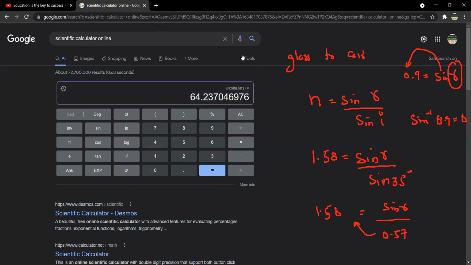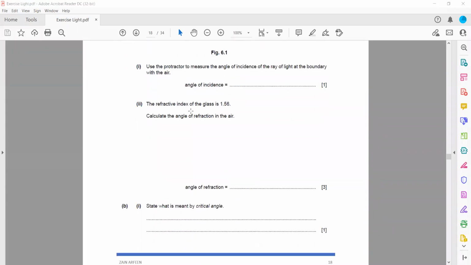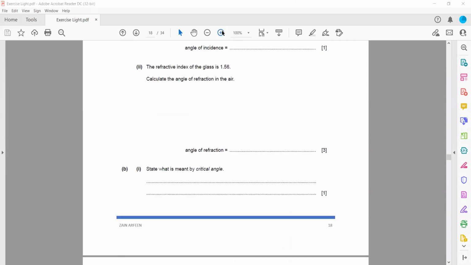So it will give us 64.3 degrees, the angle of refraction. So here, the angle of refraction, when we substitute the values, we get 64.3. Is this question clear?